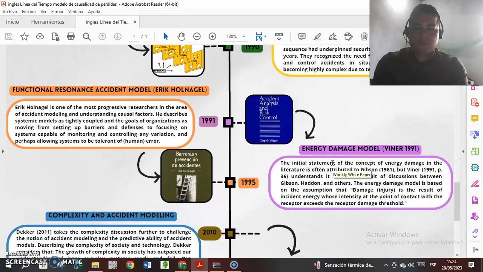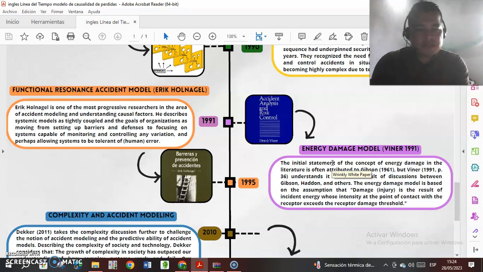In 1991, the energy damage model, Wiener, in 1991.